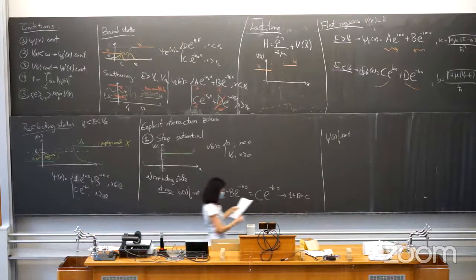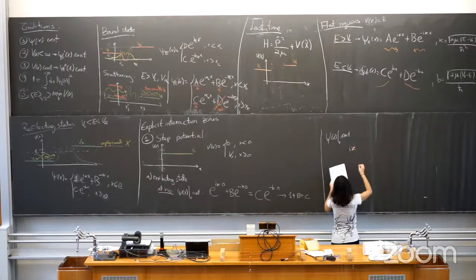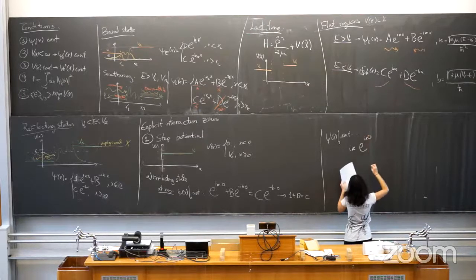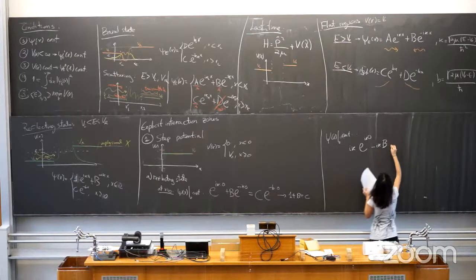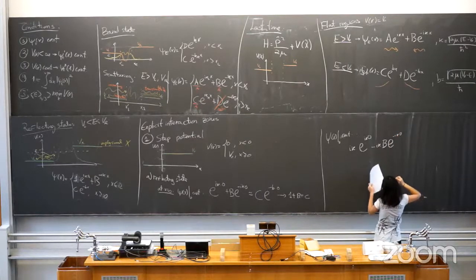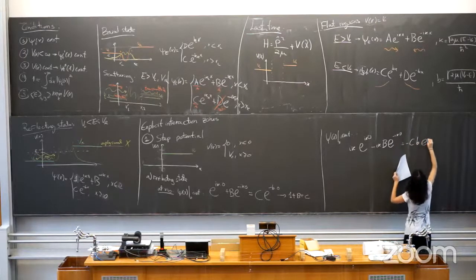So you get ik e^{ik·0} minus ik b e^{-ik·0} equals minus κ c e^{-κ·0}.